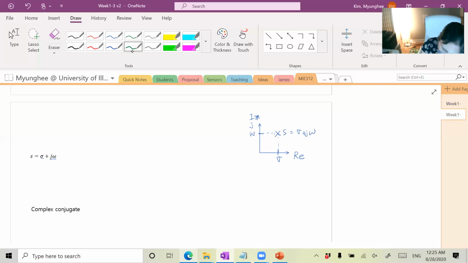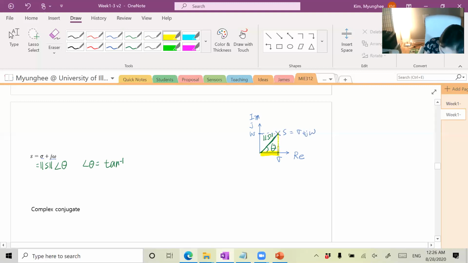It can also be expressed as a magnitude and an angle. The angle is nothing but arctangent of this over this, omega over sigma, which is the imaginary part over the real part.